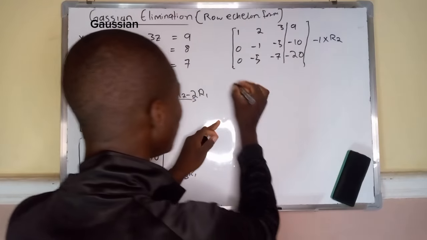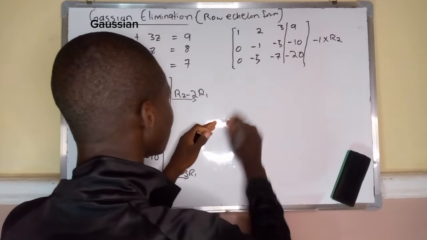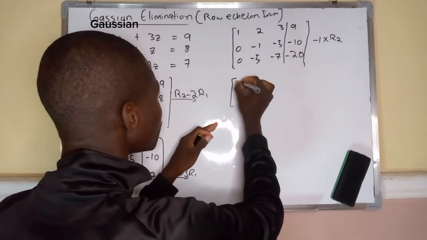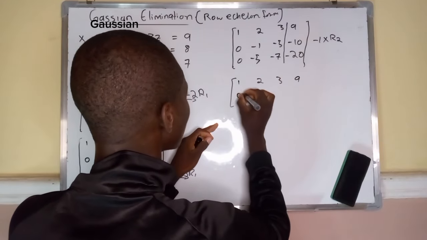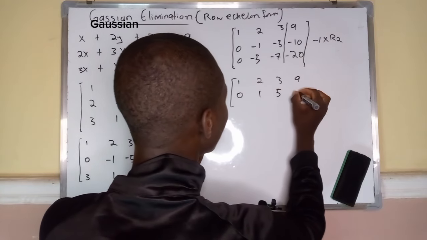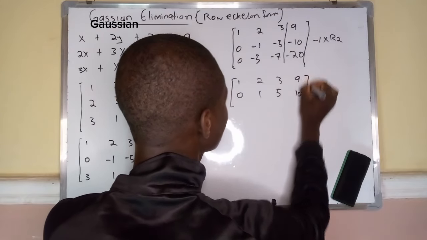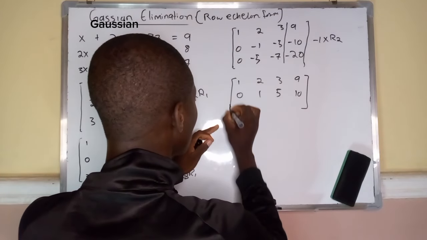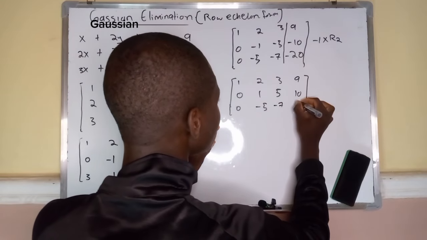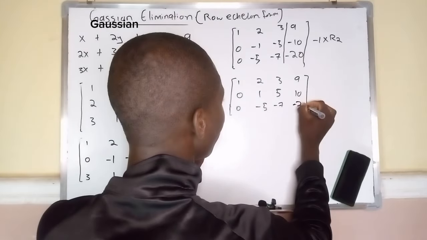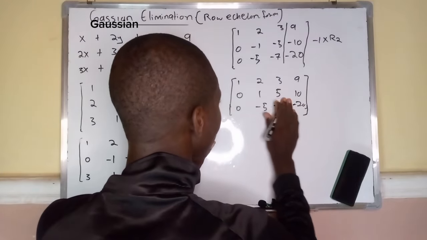So that is the only way that we can find the right solution. So let me say 1, 2, 3, 9, and therefore 0, 1, 5, and then 10, and then 0, minus 5, minus 7, and then minus 20.